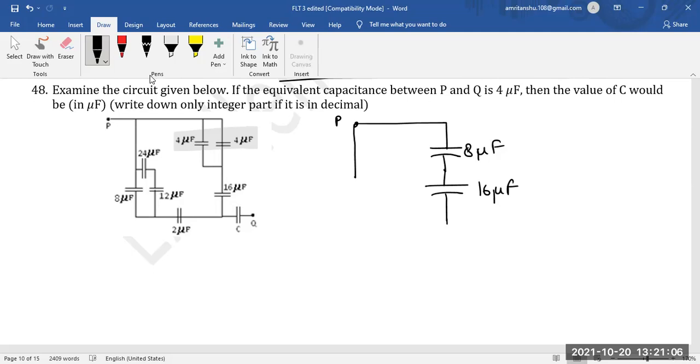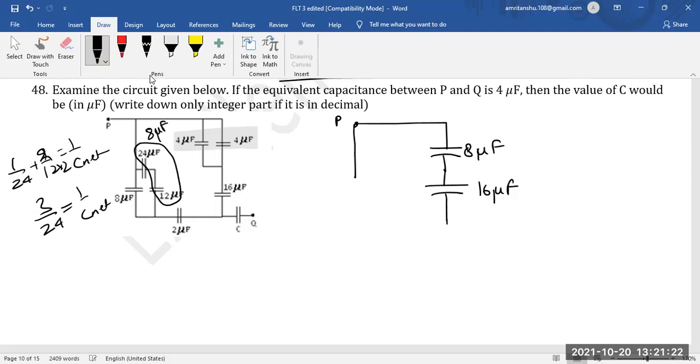So 24 and 12 will make it 1 by 24 plus 1 by 12 is 1 by C net. So 1 plus 2, this is 3 by 24 equals 1 by C net. So this also comes out to be 8 microfarads. So C net is 8 microfarad. So this also comes out to be 8 microfarad. So 8 plus 8 again comes out to be 16.